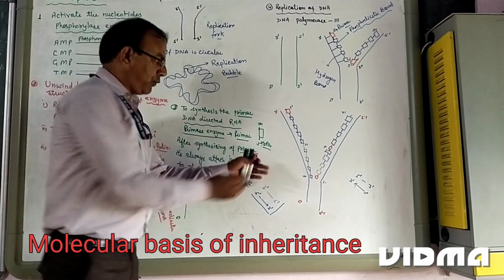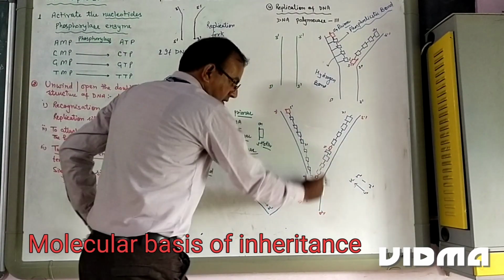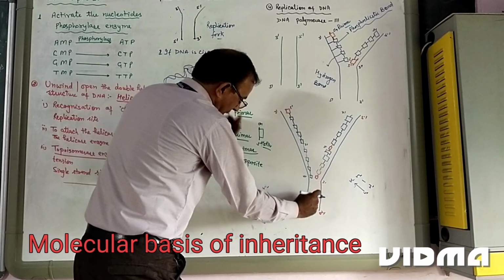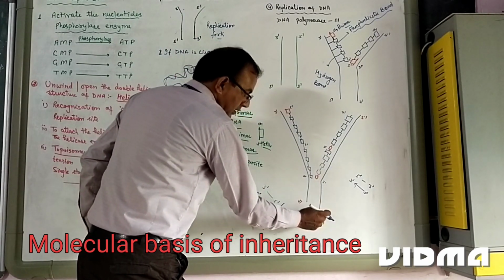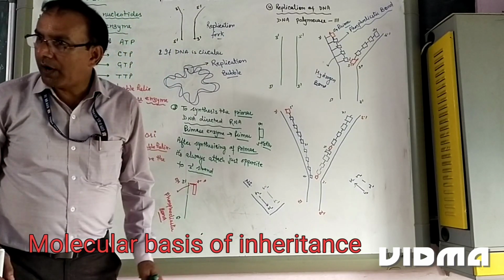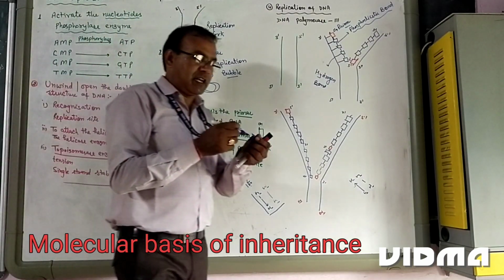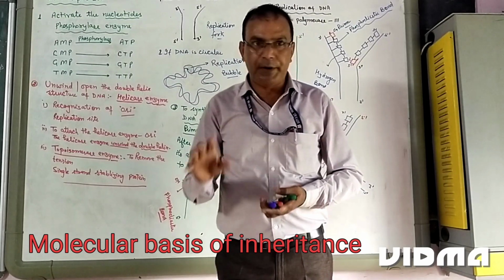This may happen. For example, when you open both the strands, this strand will be replicated continually. But here, one more primer is also required. As many primers are required, some gaps will be produced.